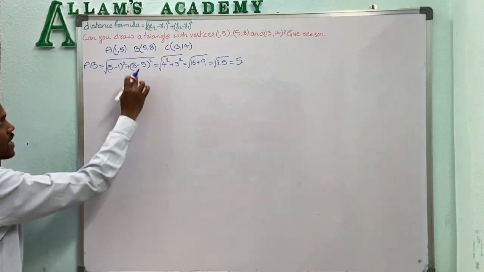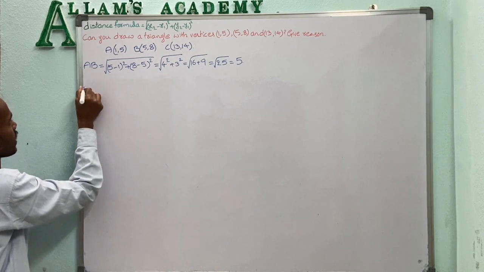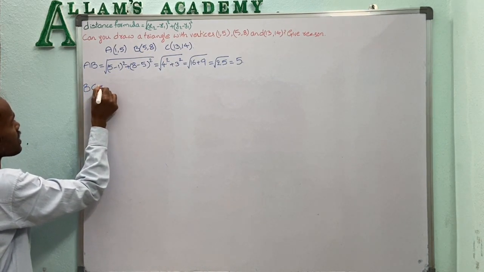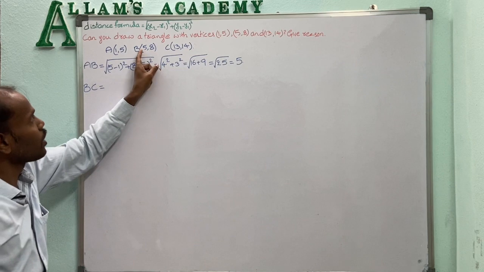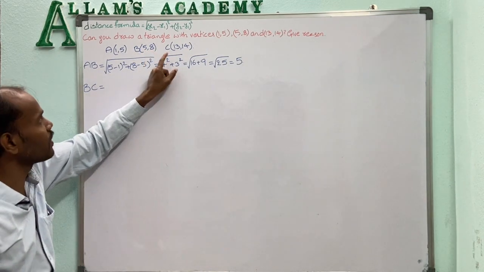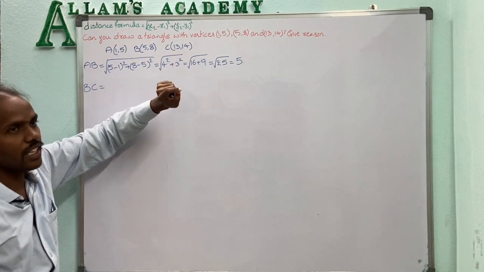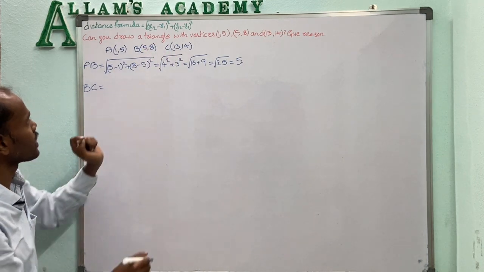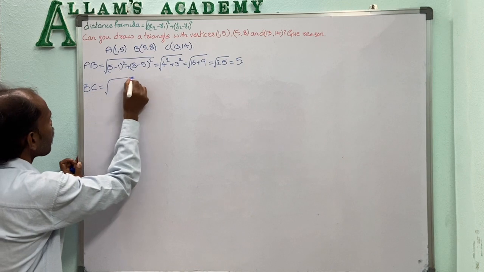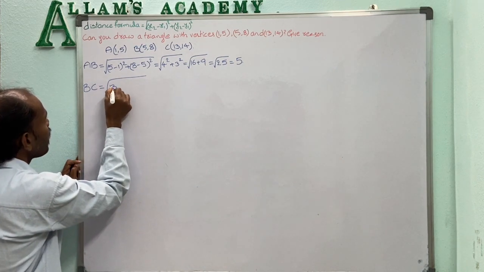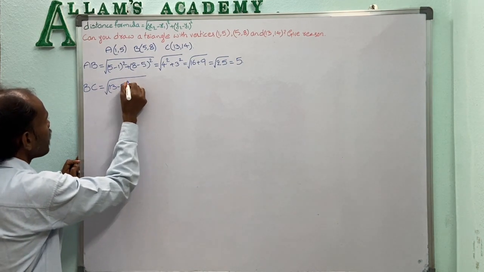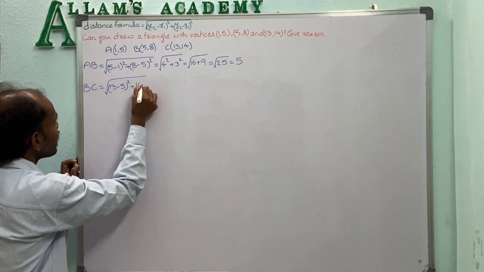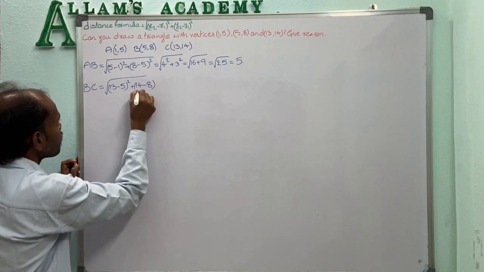Now the distance between the points B and C we are finding, that is the length of the side BC. So now B will be taken as x1, y1, the point C will be taken as x2, y2. That means 13 minus 5, 14 minus 8. So under root 13 minus 5 whole square plus 14 minus 8 whole square.